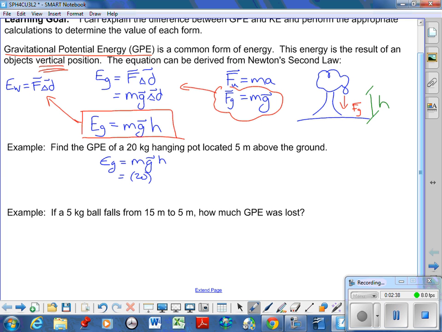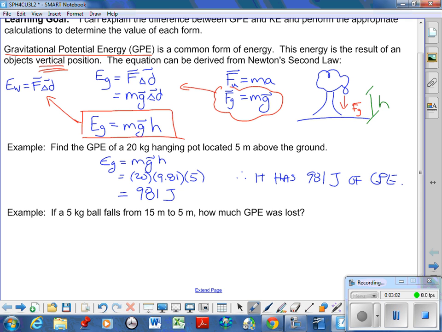Mass is 20, 9.81 for our gravity, height is 5. Now we just plug it into a calculator. And I get 981 joules. So therefore it has 981 joules of GPE.